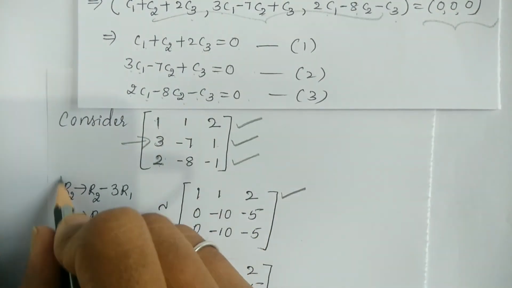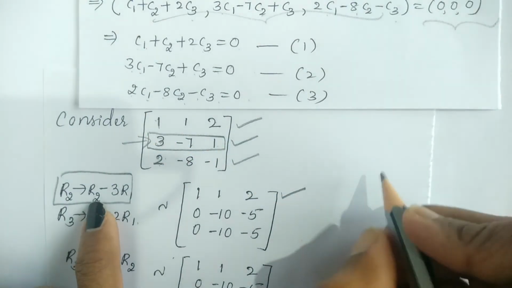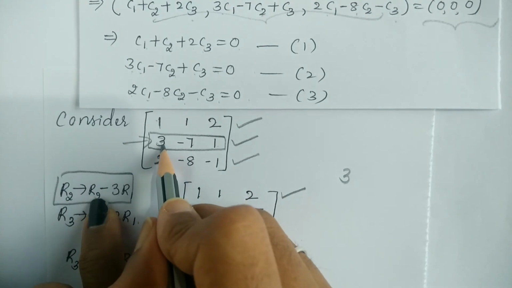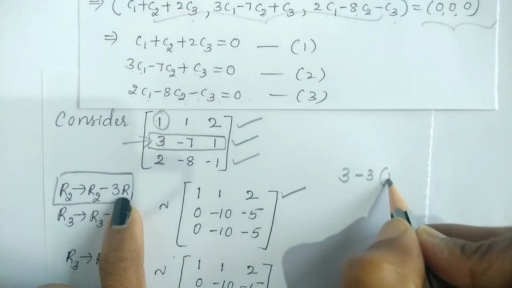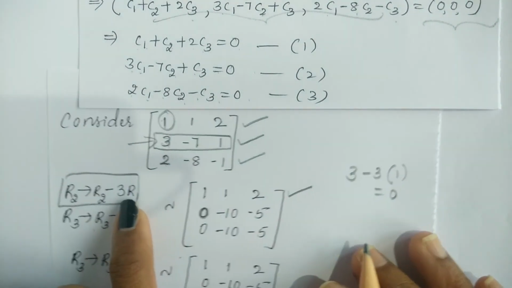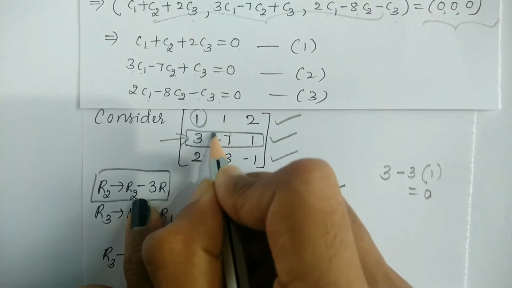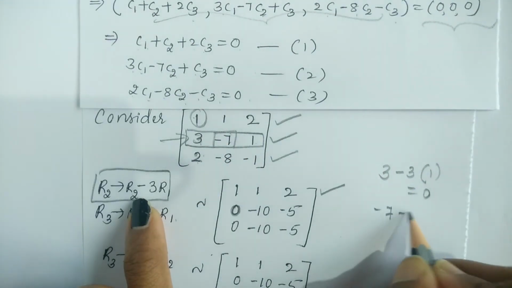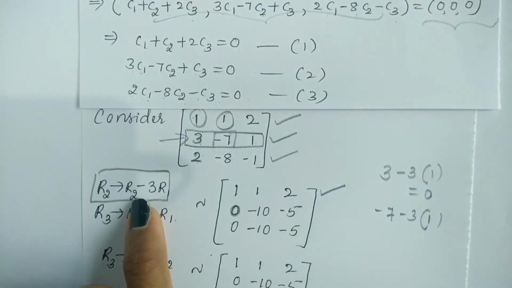Next, apply to the complete row 2. R2 is 3 minus 3 into R1, which is 1, so 0. Next R2 element is -7 minus 3 into R1, which is 1.